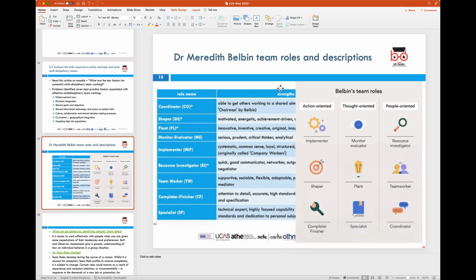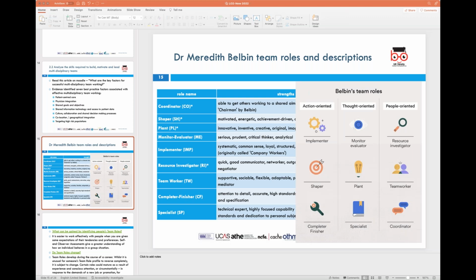There's a handout which I'm going to share with you through the Moodle, and it talks about the roles and the background with which he came across, and he specifically studied the personality types of individuals during the experimentation that he did.